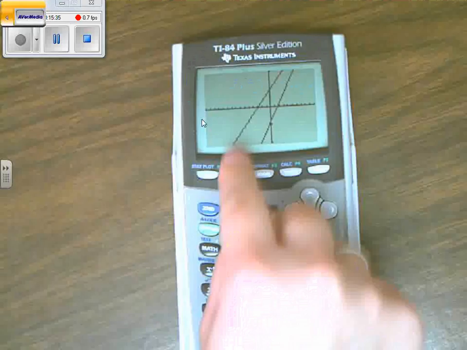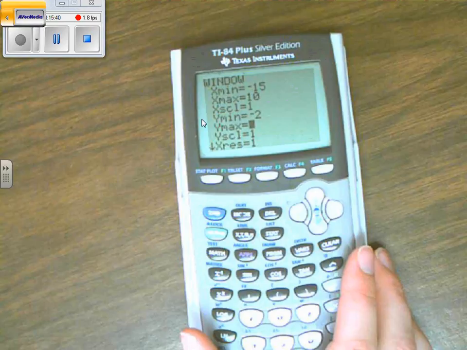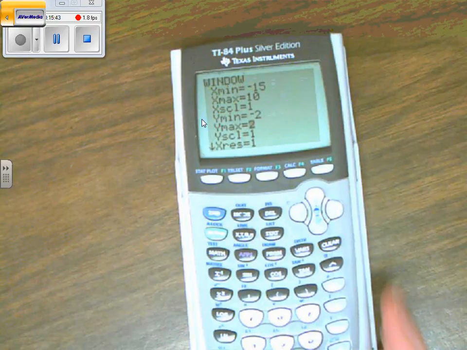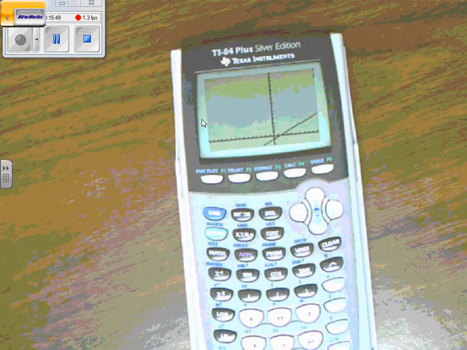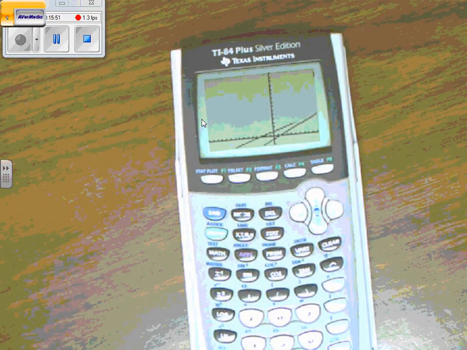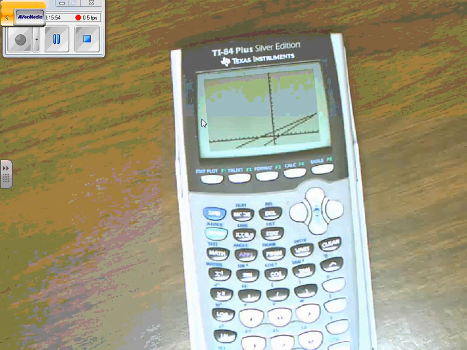So I need to change my window and make my Y-max bigger. Remember, my Y-max right now is only 2 because I shrunk my window to see the other one. I'm going to do 15 maybe. I think I was successful on the Y-max, but maybe not on the X-max. Does everyone see how it might be a little bit to the right?